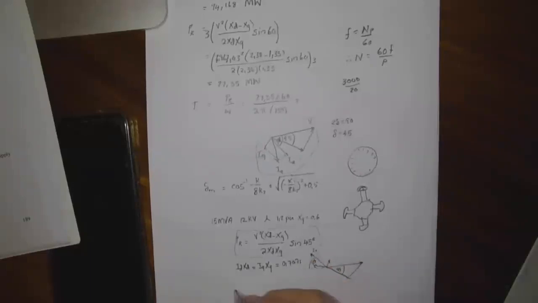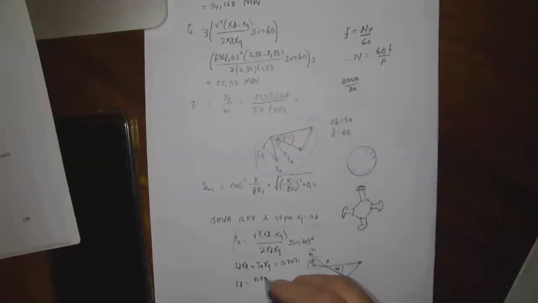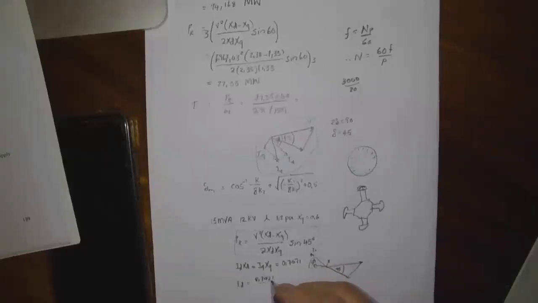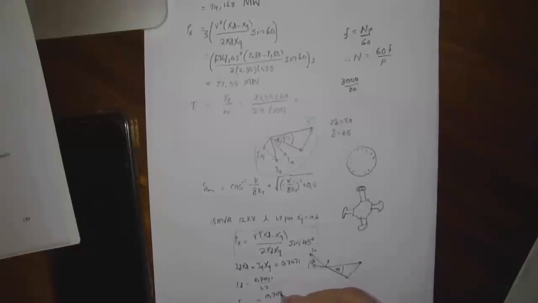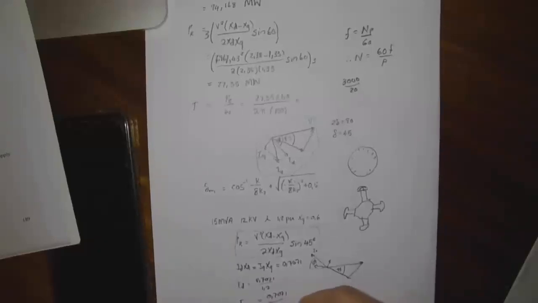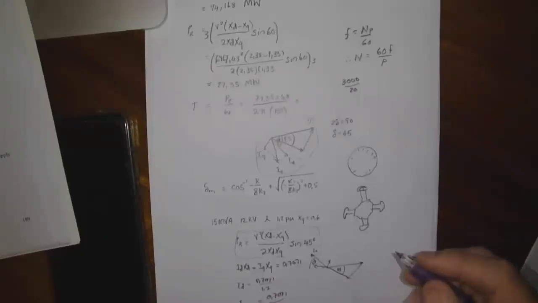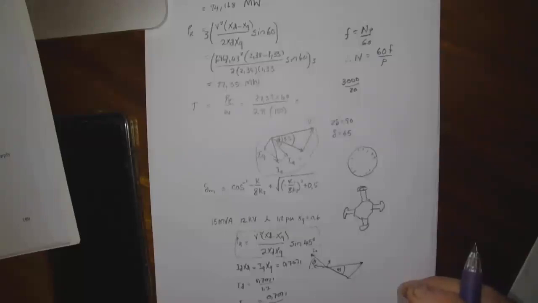And from that, ID will then be 0.7071 divided by XD, which is 1.2. And IQ will be 0.7071 divided by 0.6. Then you can calculate the current. Okay, sir.